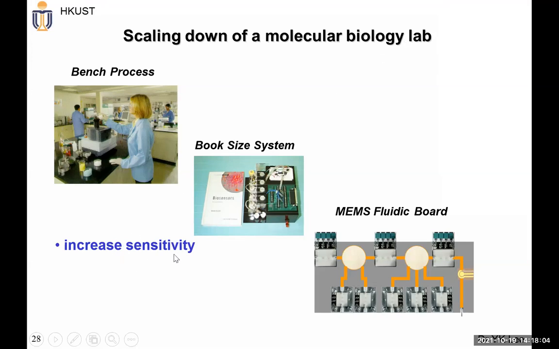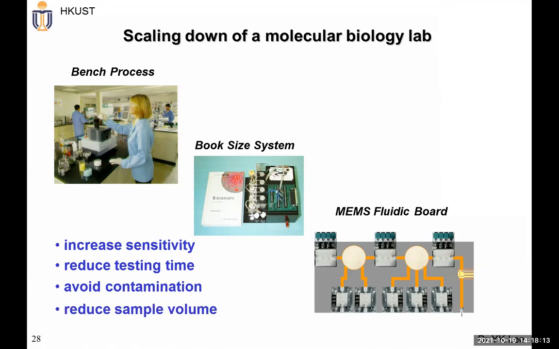It can increase sensitivity, right? And it may also reduce testing time, avoid contamination, and reduce the sample volume. So there are a series of advantages to making these micromachines, devices, or biomass, to get much better performance, high speed, high throughput testing, right, for detection of virus or bacteria, right?